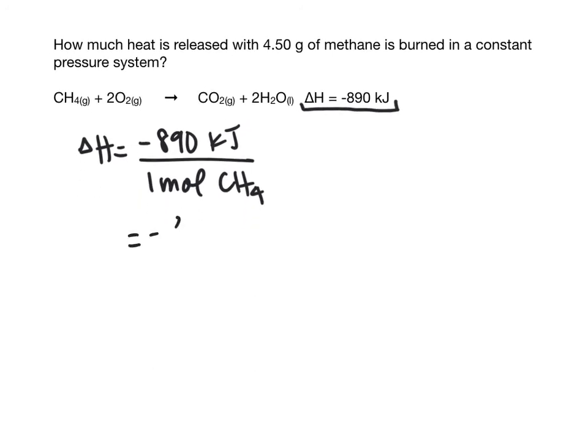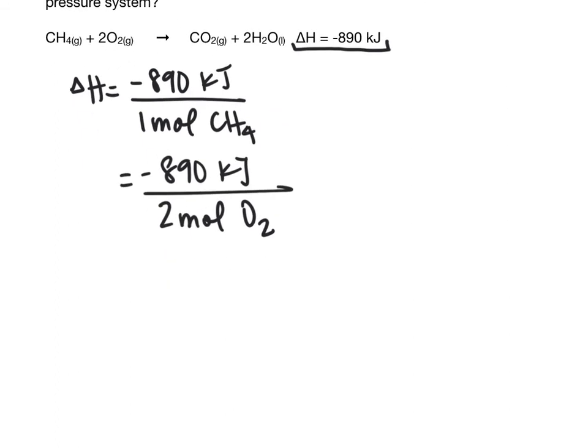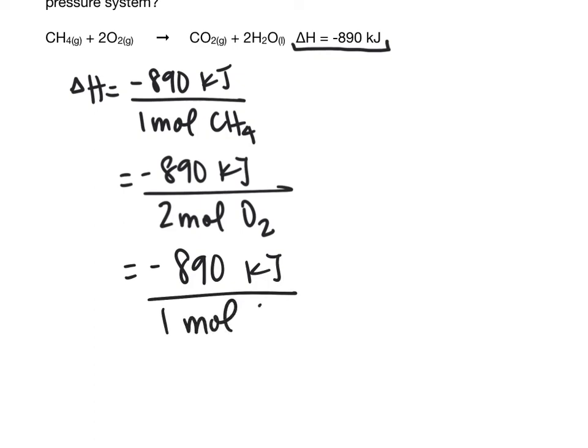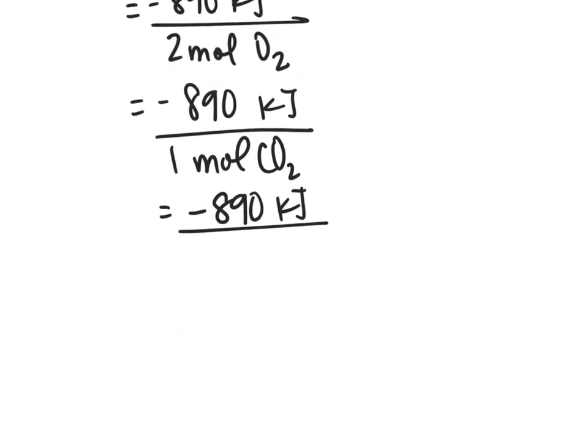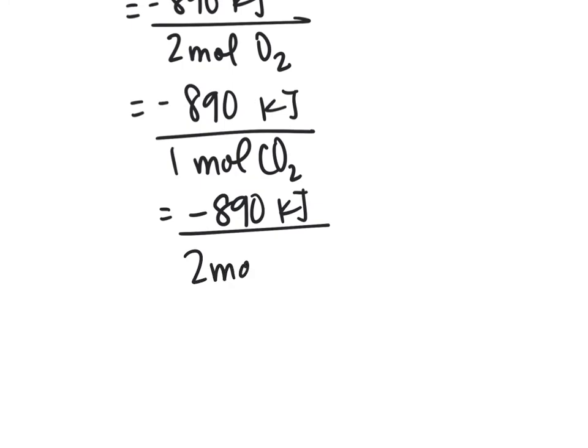It equals negative 890 kilojoules per 2 moles of O2. It equals negative 890 kilojoules for every 1 mole of CO2. And it equals negative 890 kilojoules for 2 moles of H2O.